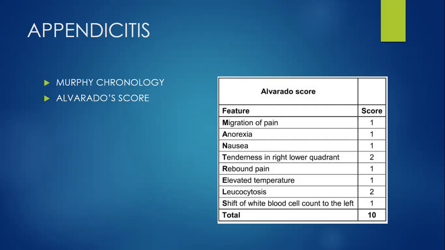Okay, so there has to be anorexia. So it would start with pain in the whole abdomen, mostly epigastric, right? Then nausea and vomiting and anorexia. And then right after that, the pain migrates into the lower right quadrant. Okay, that is Murphy's chronology.